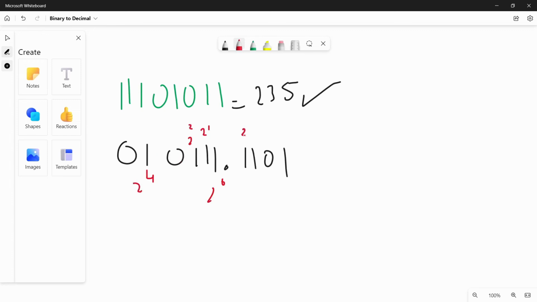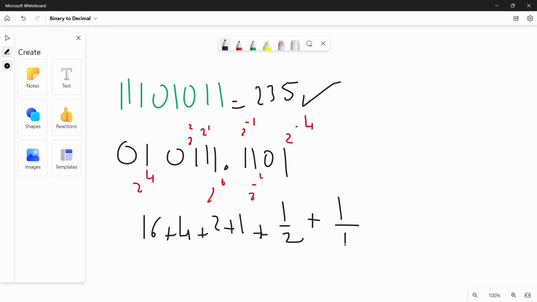And here we have 2 to the minus 1, 2 to the minus 2, 2 to the minus 3, and 2 to the minus 4. If 2 to the power of 1 is 2, 2 to the minus 1 is 1 over 2. If 2 to the power of 2 is 4, 2 to the minus 2 is 1 over 4. And if 2 to the power of 4 is 16, 2 to the minus 4 is 1 over 16.